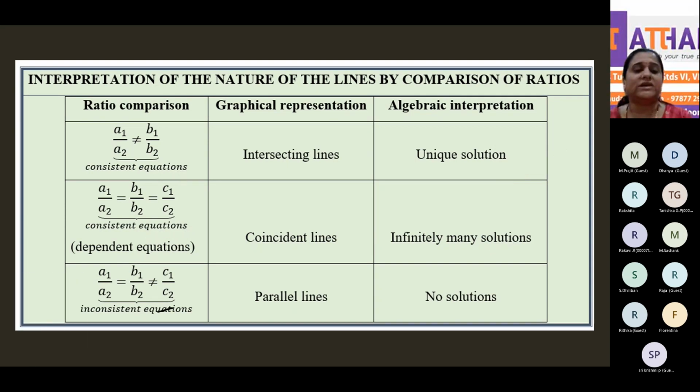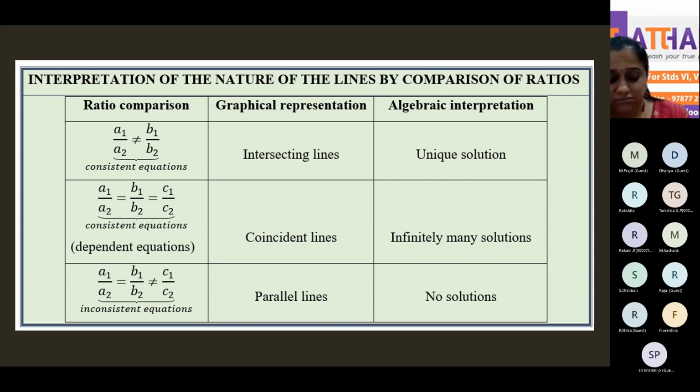And then the last one, inconsistent equations. That means they don't have any solution. That means the lines are parallel to one another. Parallel lines have no solution. That means the equations are said to be inconsistent. Is that fine, children? Yes.